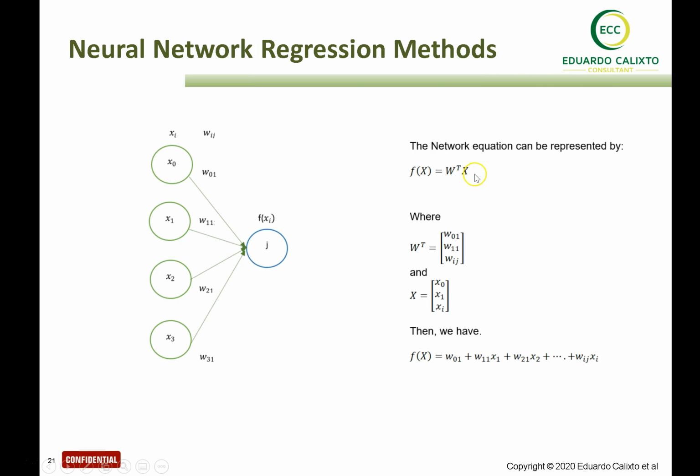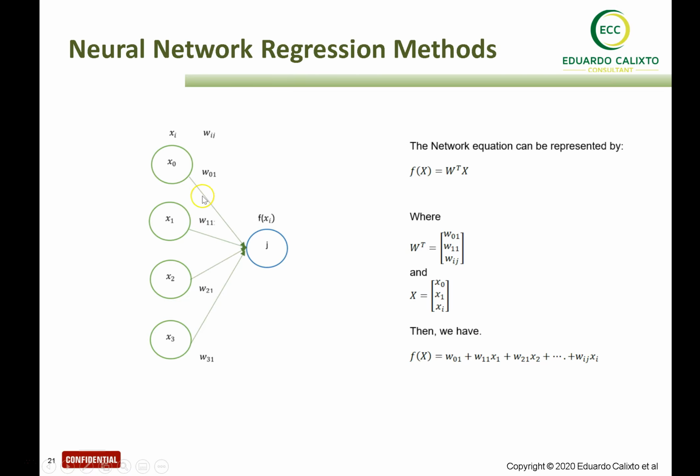We can represent this function in a matrix way. So we consider a matrix for the weights, each weight that we have in our neural network, and we have the inputs that we use in our neural network. And in the end, of course, we will have here our function that we use as regression.